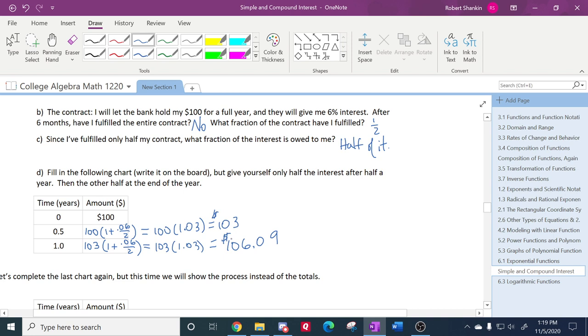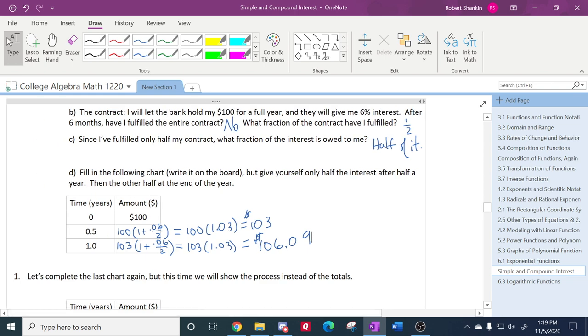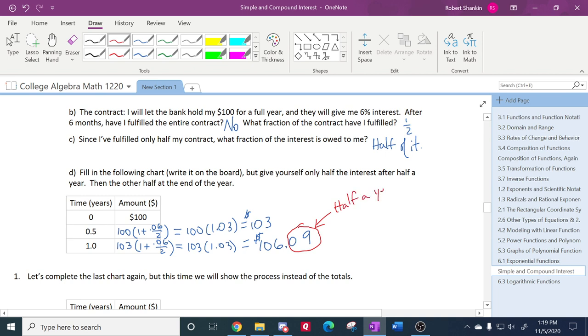Alright, now, one of the questions I might be asking at this point would be, where in the hell did this 9 cents come from? And the 9 cents came from half a year's interest on the $3.